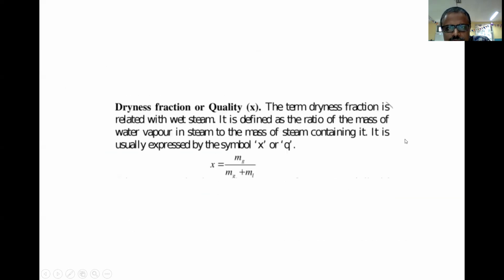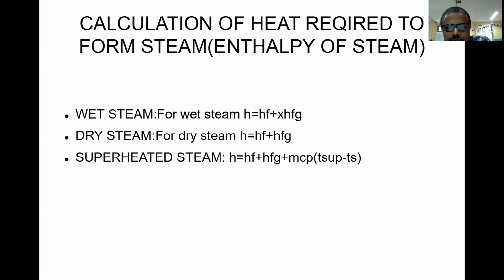So the final equation for superheated steam: H is equal to hf plus hfg, that is the heat required to get dry steam, plus mass of water or steam into specific heat of the steam into T superheated, that is the temperature of superheated steam, minus the saturation temperature.